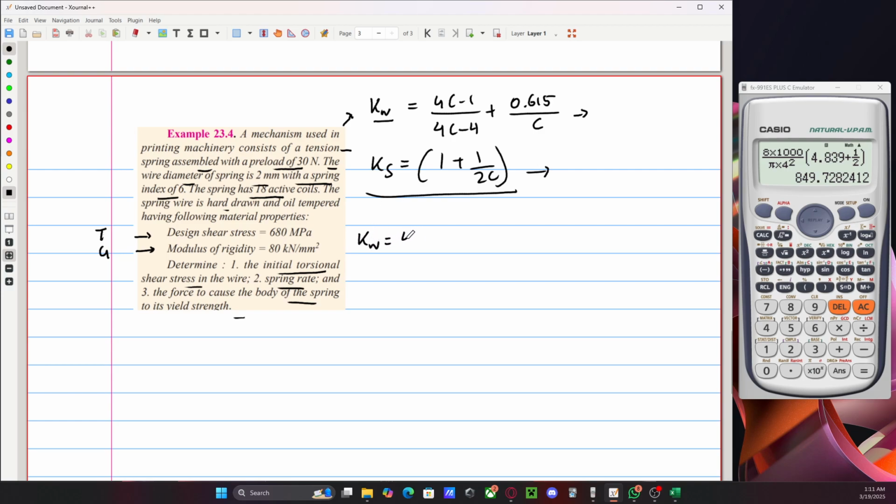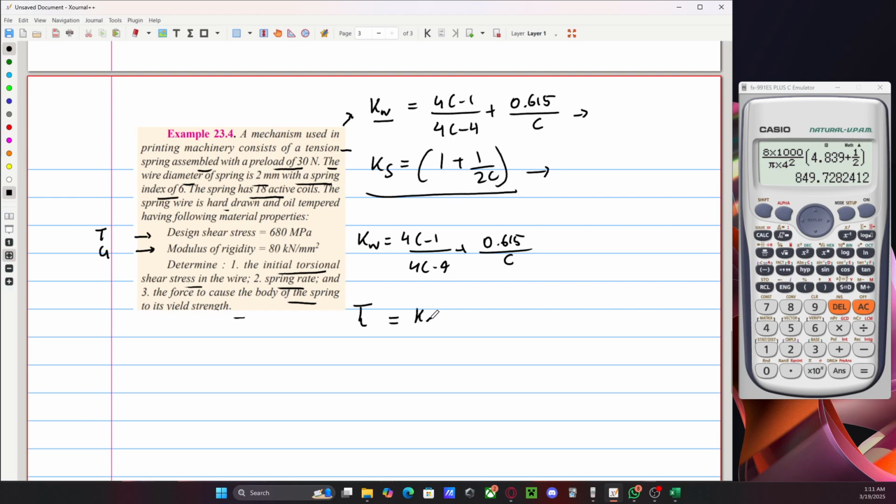So let's use Kw here: (4c minus 1) over (4c minus 4) plus 0.615 over c. Now, why are we doing this? Because we want to work out the torsional stress, the shear stress in the wire. How do you do this? The torsional stress, this would be the initial stress.